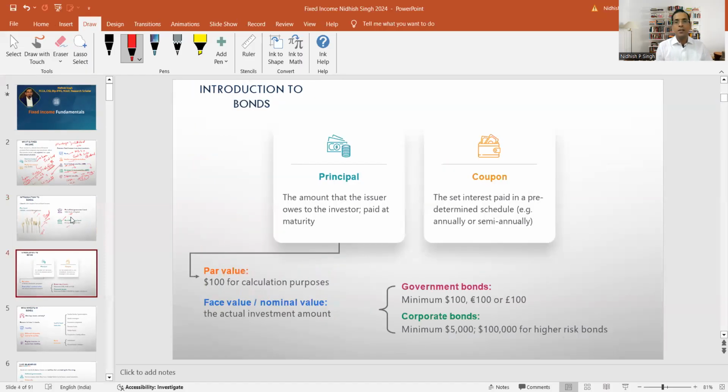With that history settled, we can talk about the two key components of bonds. So for example, typically what happens in a bond scenario, a government can issue a bond for 10 years.